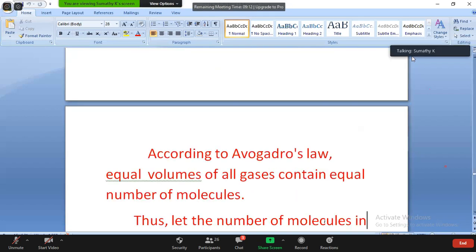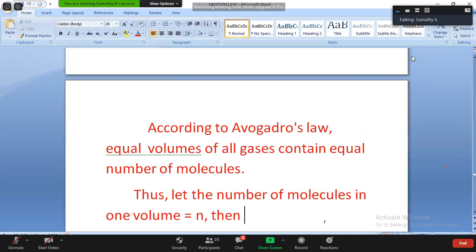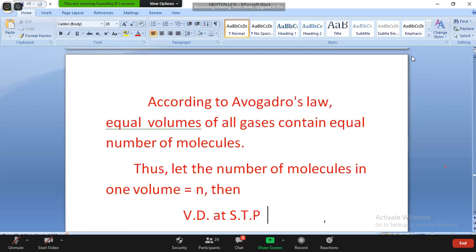Now we relate it. What is the relation? According to Avogadro's law, equal volumes of all gases contain an equal number of molecules. So let the number of molecules in one volume be n.